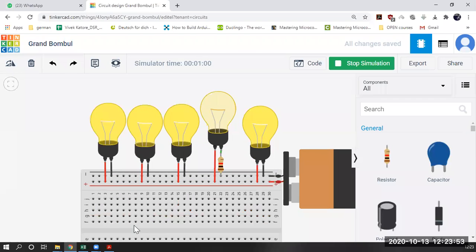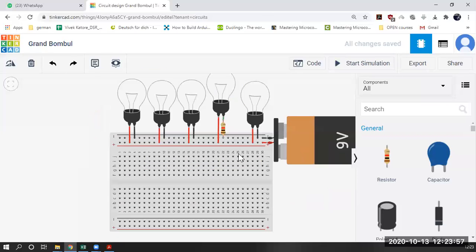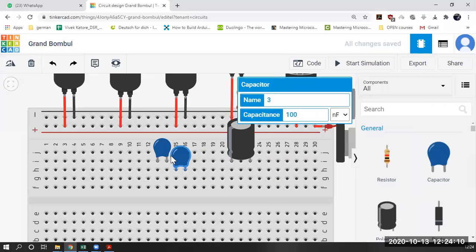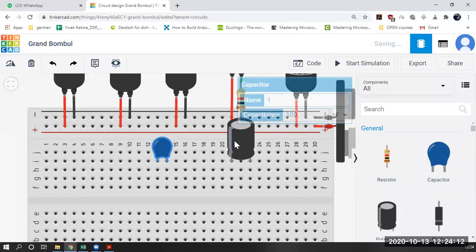Now let's talk about this side. Here, this is nothing but a connection area where we can place any kind of component. I can place any kind of component strategically. What do you mean by strategically?